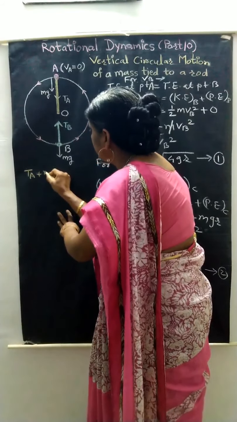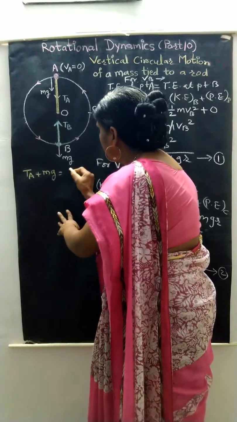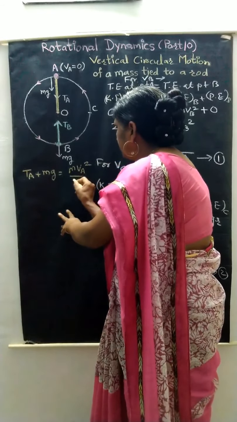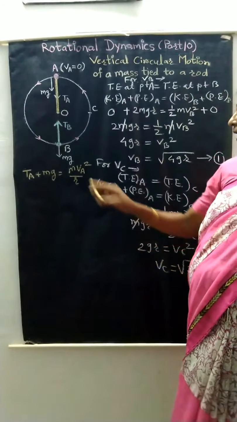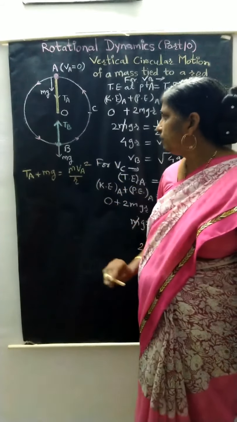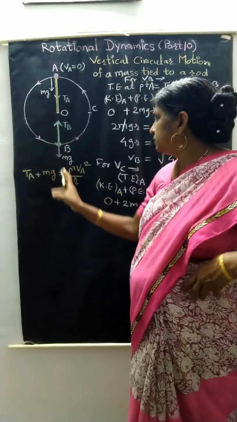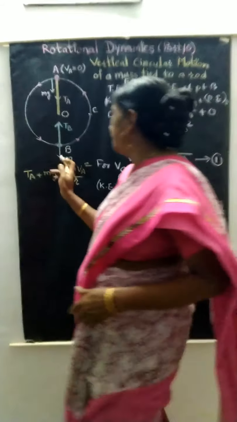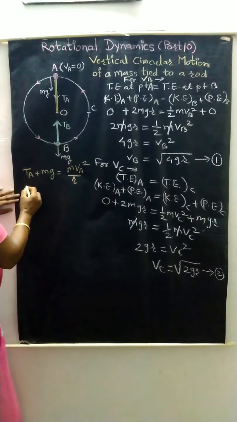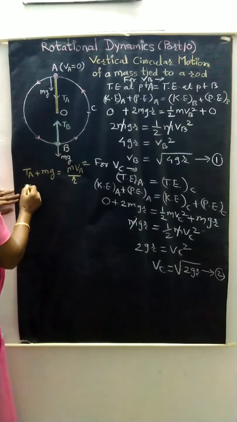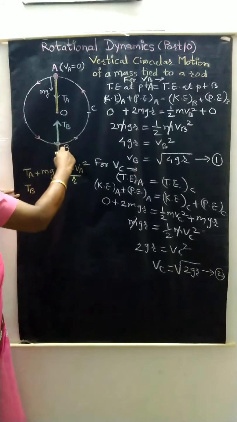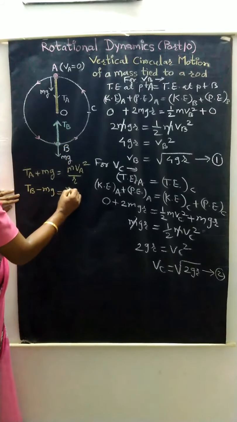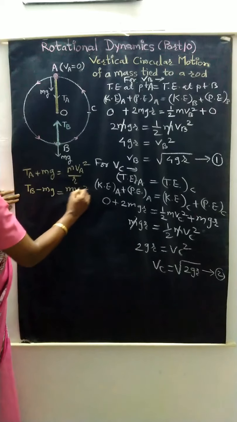And at point B, what will be the equation for the centripetal force? Tb is in upward direction and mg is in downward direction, so Tb minus mg is equal to m Vb square upon r.